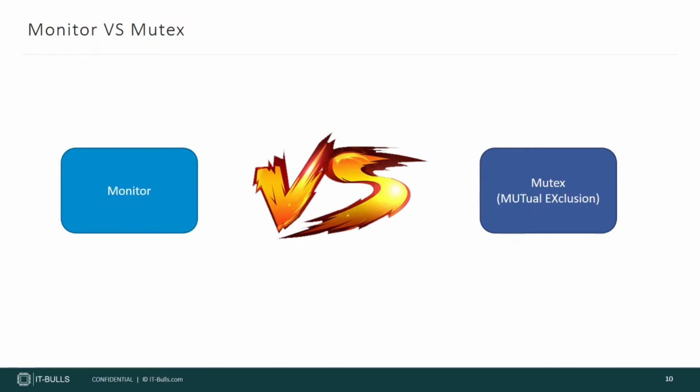Monitors provide a mechanism for threads to temporarily give up exclusive access in order to wait for some condition to be met, before regaining exclusive access and resuming their task. So a monitor is different from a mutex, but they can be considered similar in the sense that a monitor is built on top of a mutex. In this lesson I will use the term monitor further, but just in case you hear somebody use the term mutex, you already know the difference.